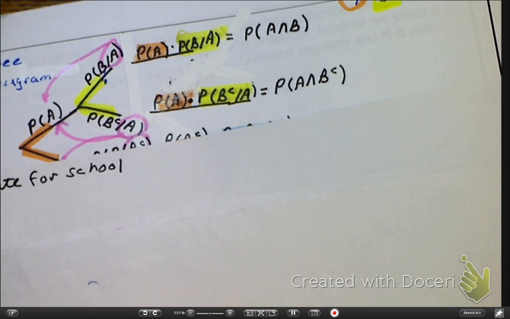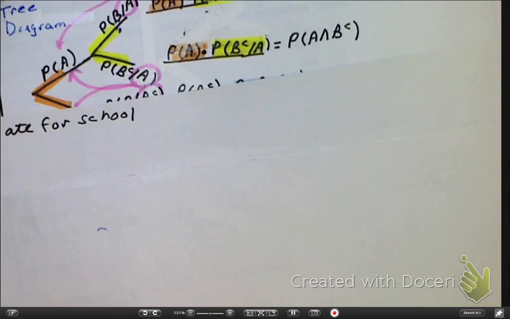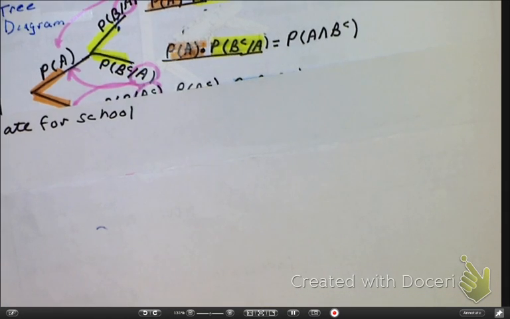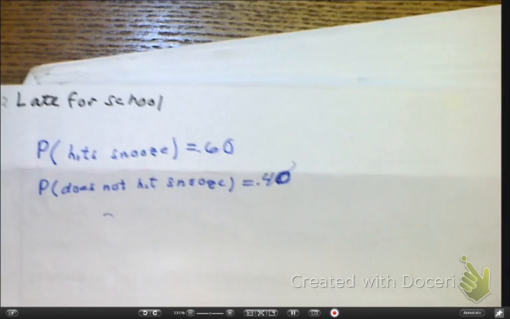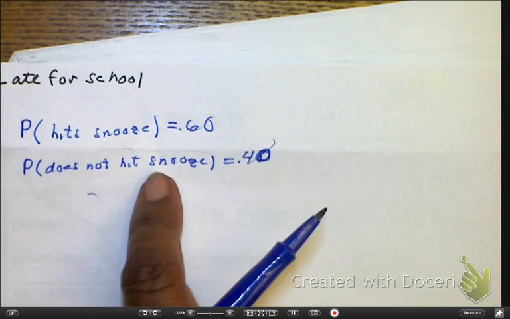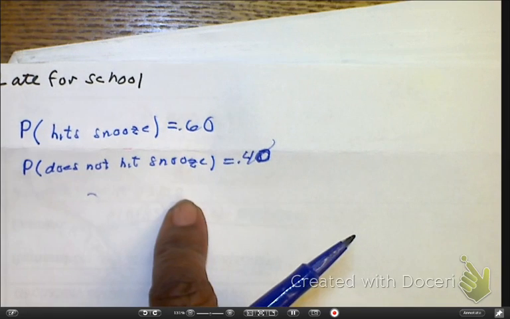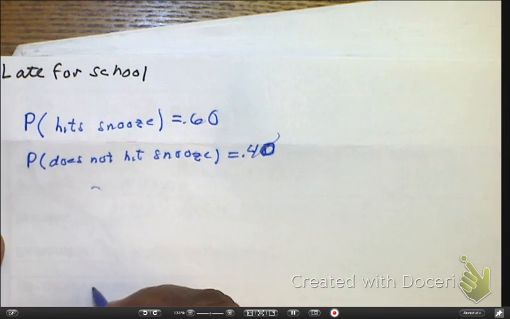Now let's write a couple of things down that we just said was applicable. So the probability of hitting the snooze is 60%. The probability of not hitting the snooze is 40%.